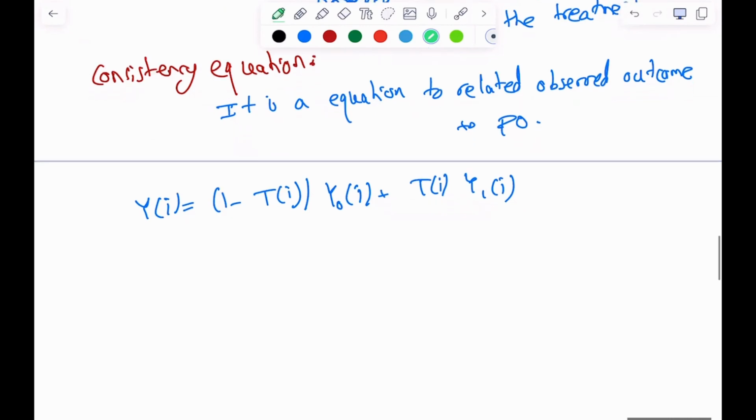Let's take a look at this. If this person is not treated, it means ti is equal to 0. What's going to happen?